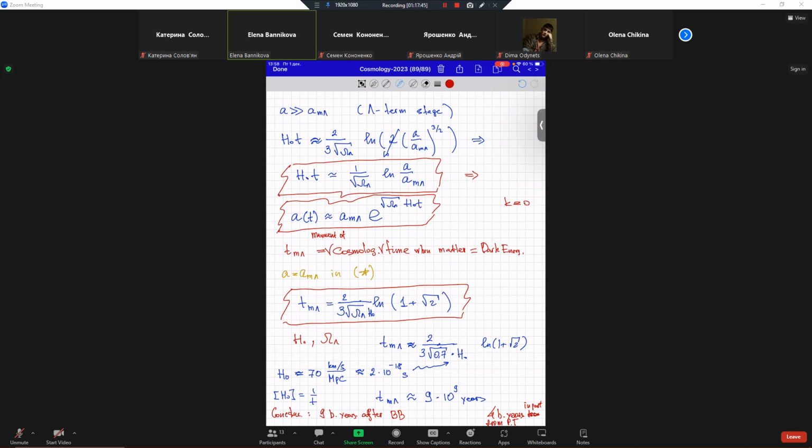And this is a very important event in the universe, because starting from 4 billion years ago, the universe started to expand with acceleration, and dark energy finally won over the ordinary matter. So starting from this time, we have acceleration of the space due to lambda-term, due to dark energy.